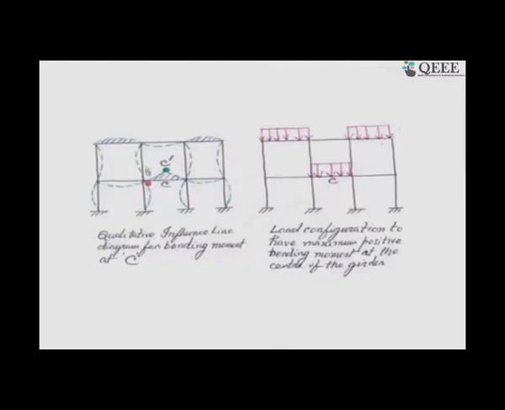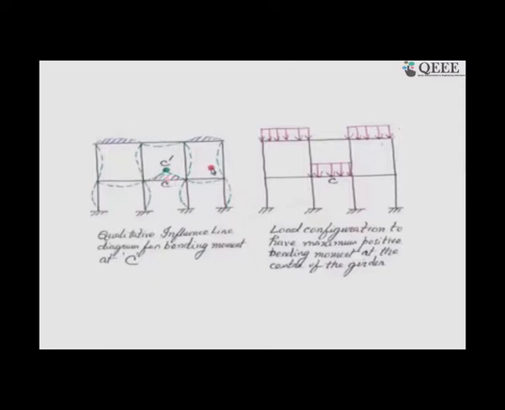So, its column has been tilted, its beam has been tilted down on one side, and this beam has gone up. To do that, it will have a deflected shape like this, and it will also bend the column there. Of course, we are drawing it in an exaggerated manner, and we are having a diagram for all the portions of the frame like this.